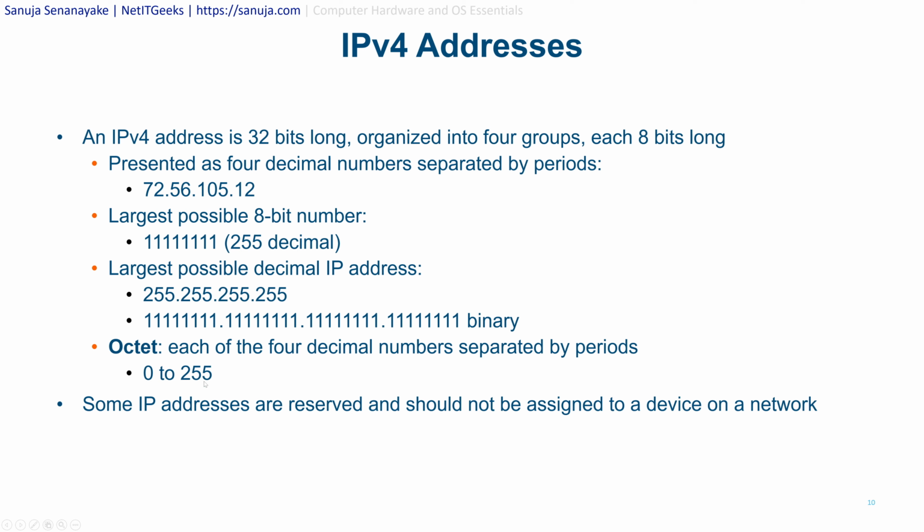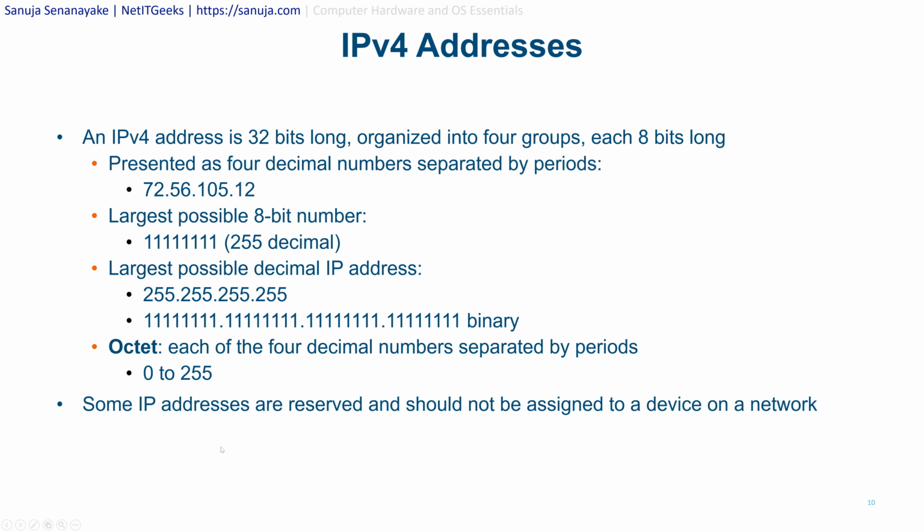Those are 8-bit numbers, and they can go from 0 all the way to 255, right? Because that's the maximum. 8 zeros will give us a 0, and 8 ones will give us a 255, and the combinations of binary numbers in between give us the other numbers from 0 all the way to 255.